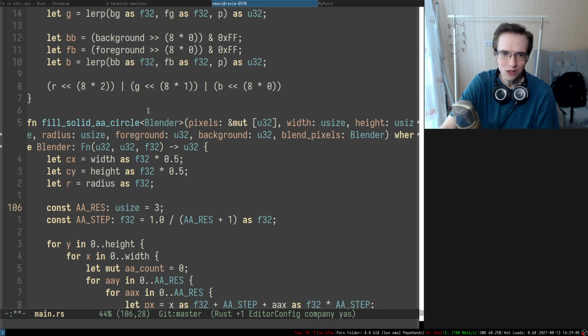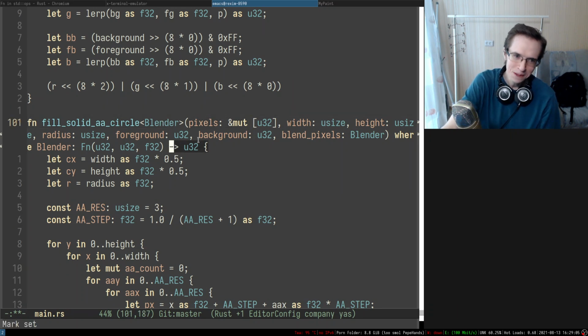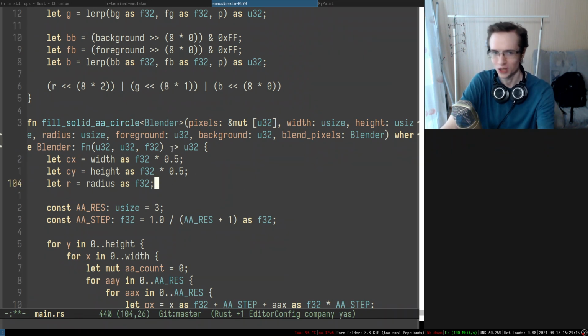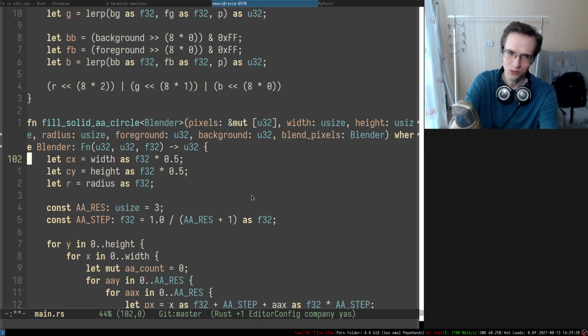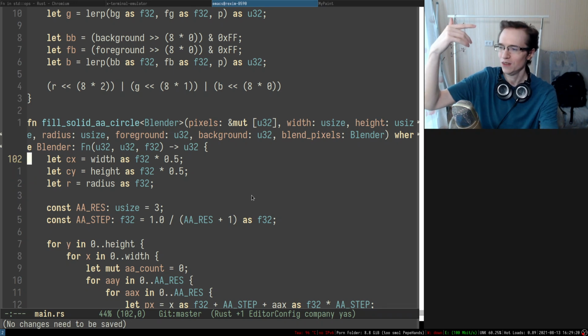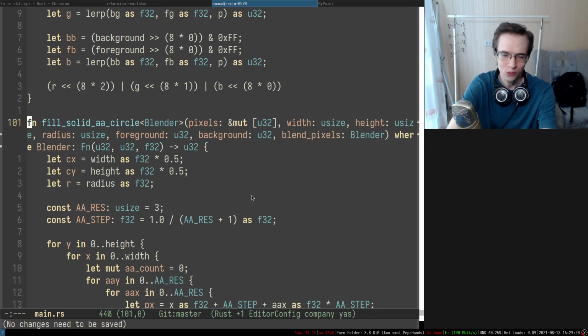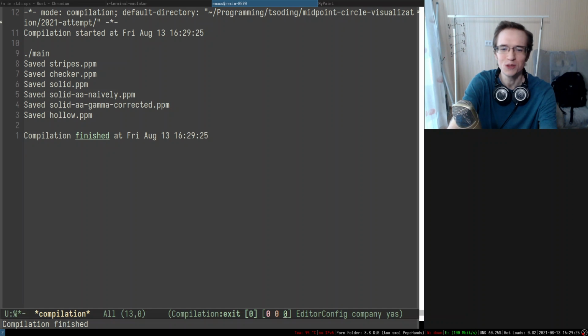So this function starts to get a lot of parameters, because you need to parameterize the pixels, the size of the canvas, the radius of the thing you're drawing, the foreground and background colors, the pixel blender, and so on and so forth. And we'll have to add now a resolution. So it keeps growing. All right, so it's going to be rustc main.rs, and let's see what's going to happen.